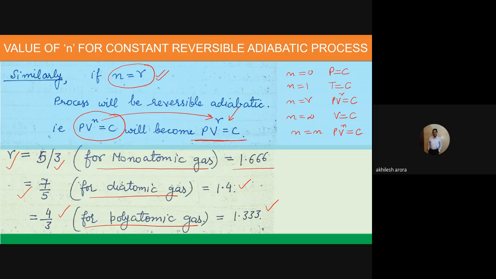Because this n can have any value. It can be negative also.